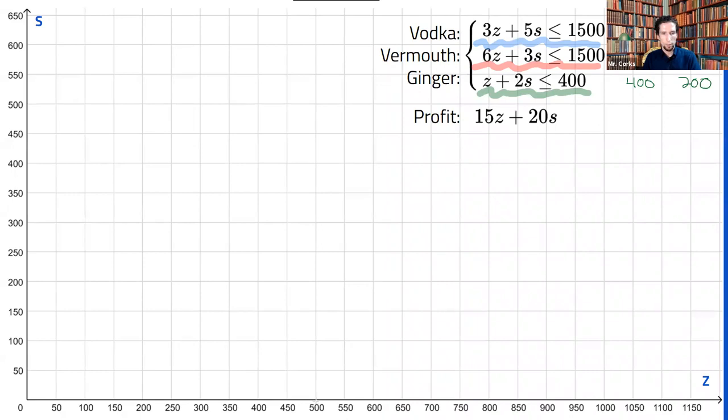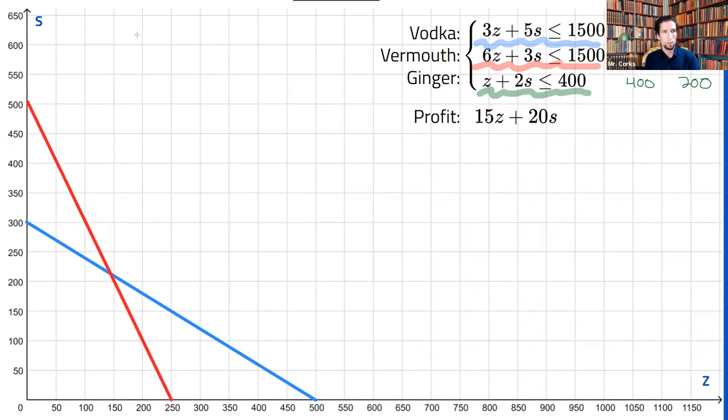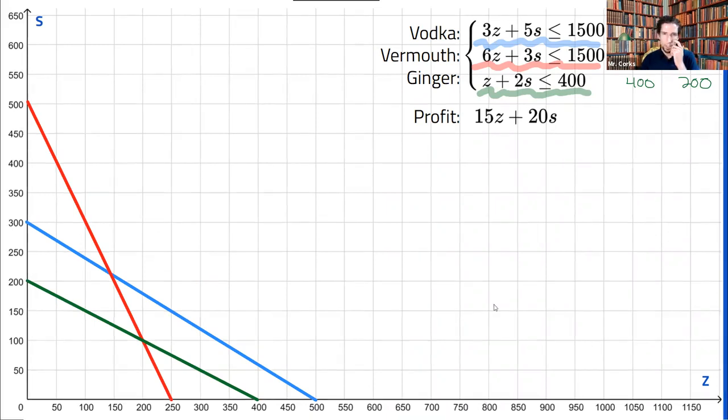So Z 500 and S 300. The red one 250 and 500. And the green one is 400 and 200. Like this. Just make sure I got my colors right there. Yep. Okay, so there are our inequalities.